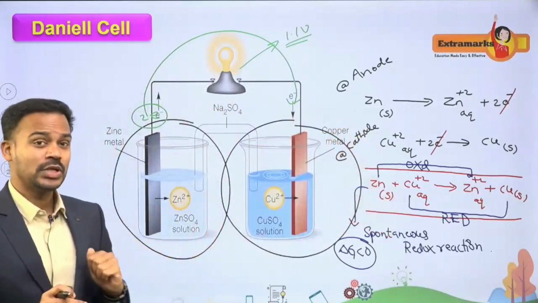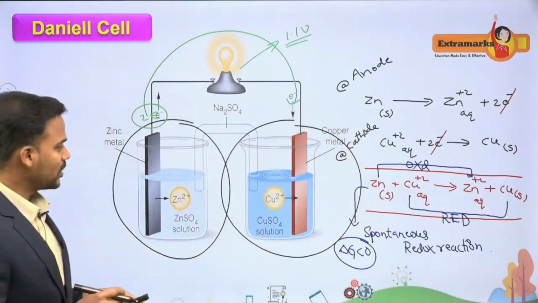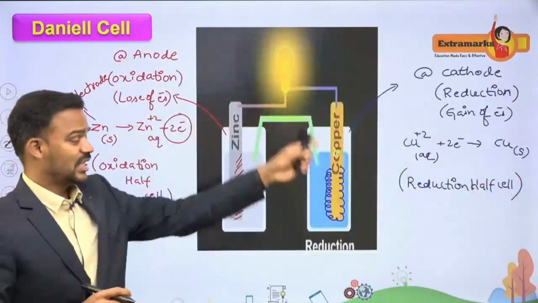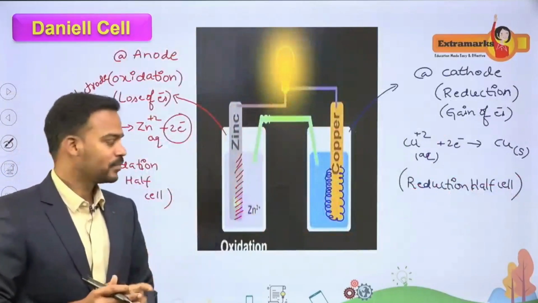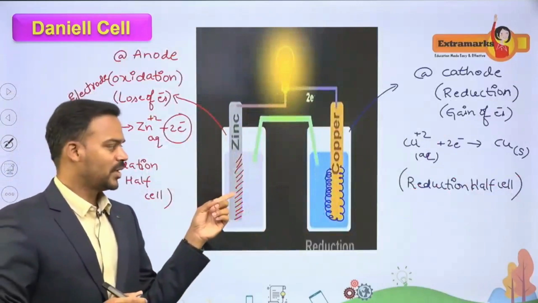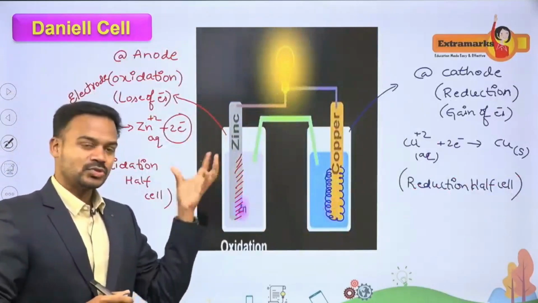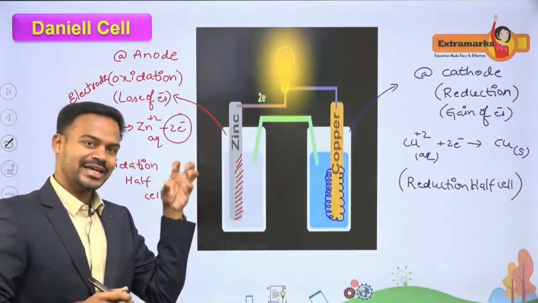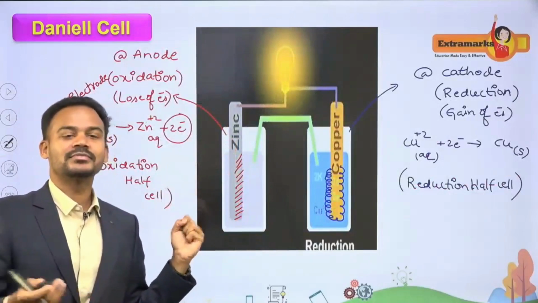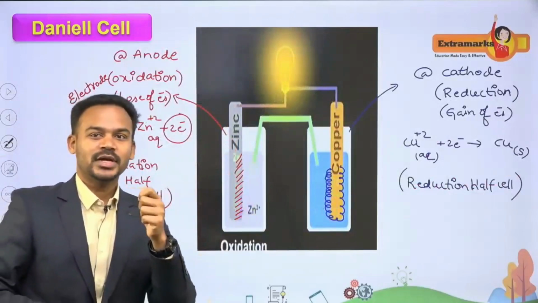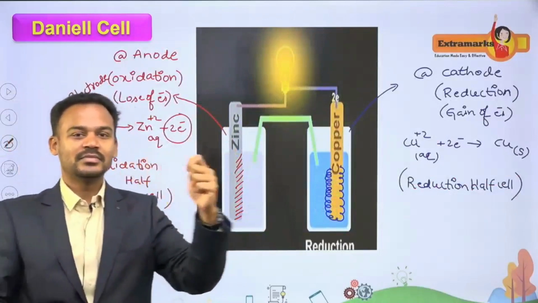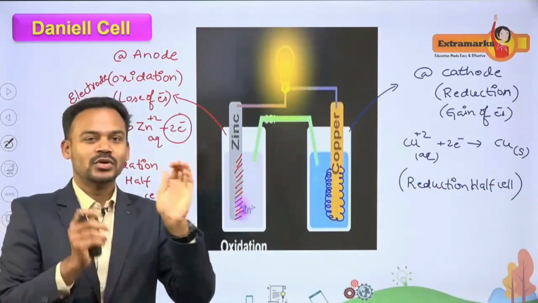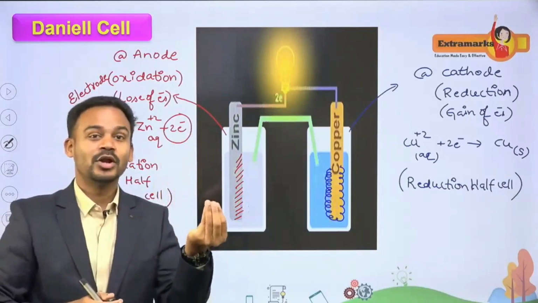Okay, there are a few doubts I get. As I have told you in the previous case, as this cell starts working, what is happening to the oxidation compartment? The electrode is getting dissolved. The zinc electrode will slowly get dissolved. Dissolving is something like your ice cream, right? If you hold your ice cream for a longer time, what happens? It will dissolve. It will become smaller in size, right?